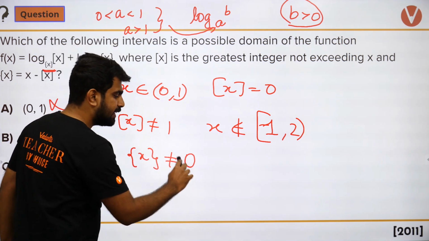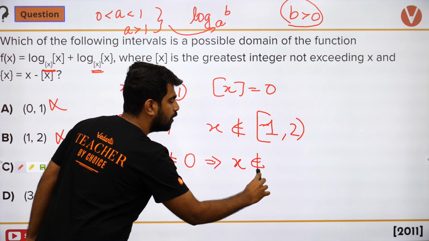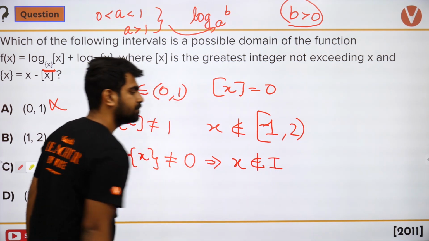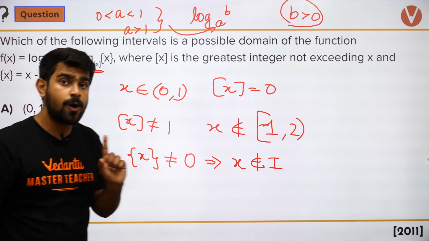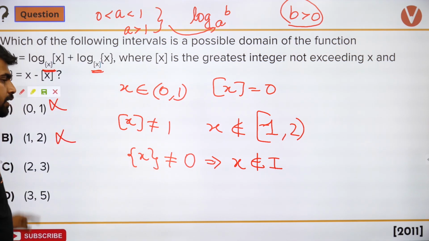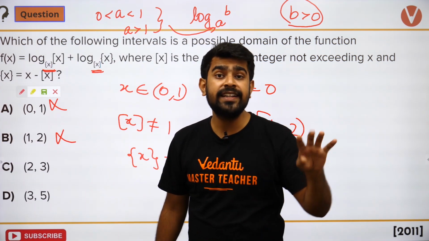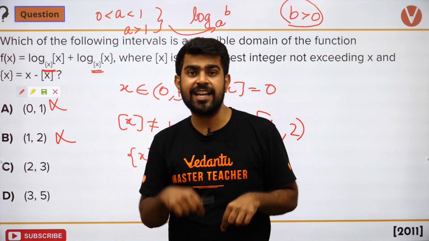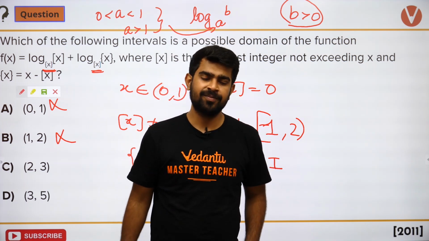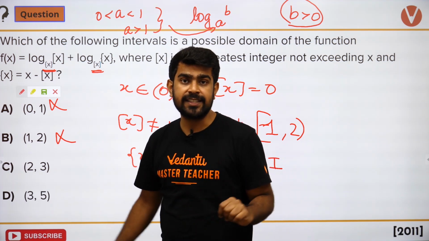So this can never be 0, which implies x can never belong to integers. That is something super interesting, because in the last option, that is 3 to 5, there is one integer silently sitting inside. What is that integer? 4. So there is one integer which is silently sitting inside.